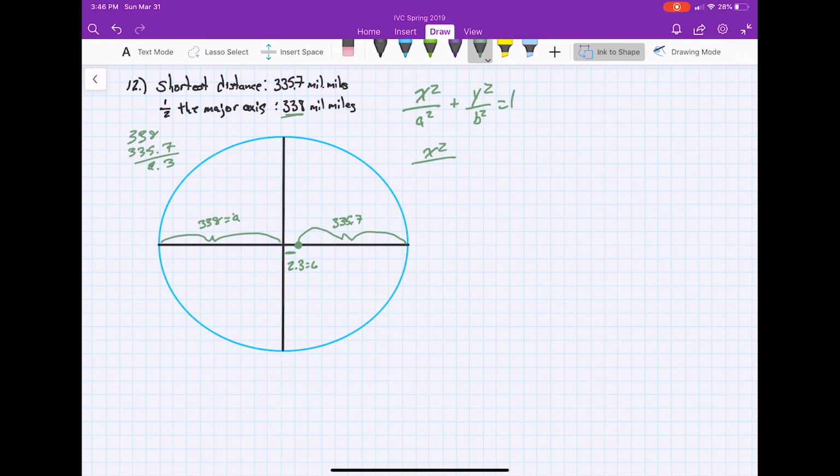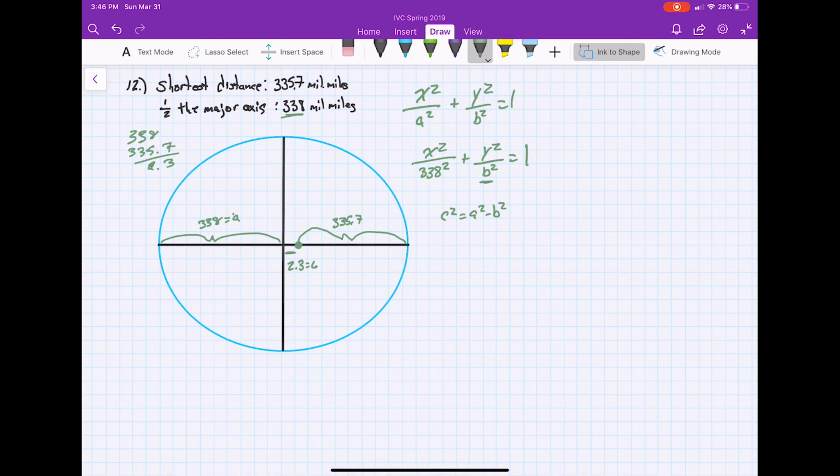So 338 is our a, and 2.3 is our c. So we have x squared over 338 squared plus y squared over b squared equals 1. And we're going to look for b squared. We know what c squared and a squared are, so this is our formula to find all of that.